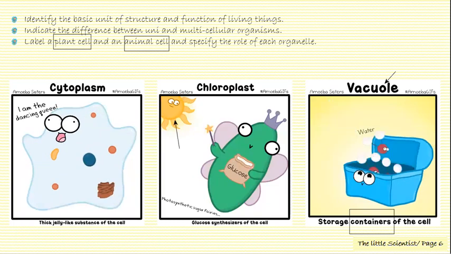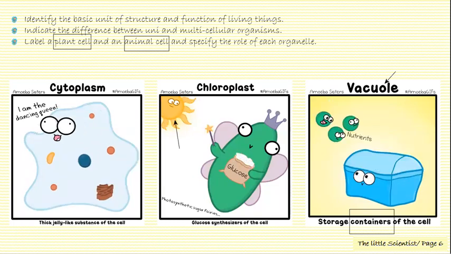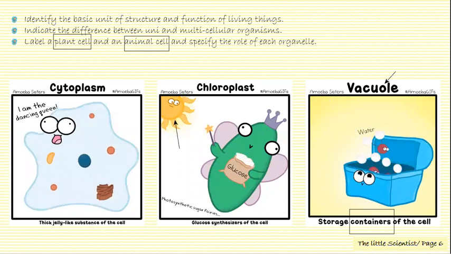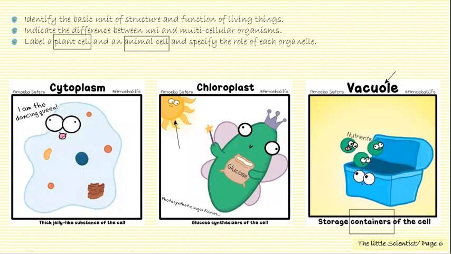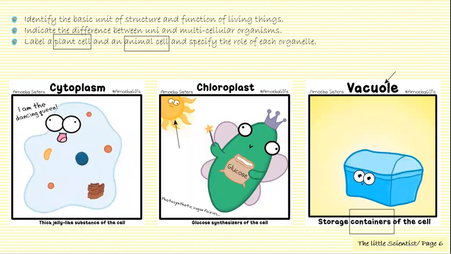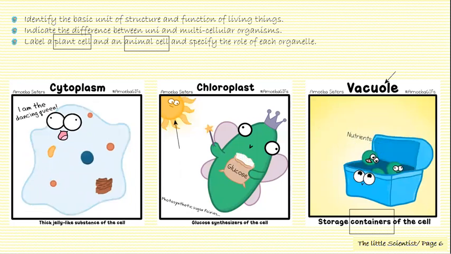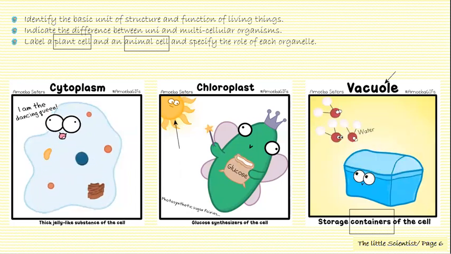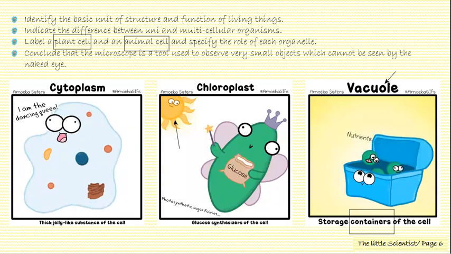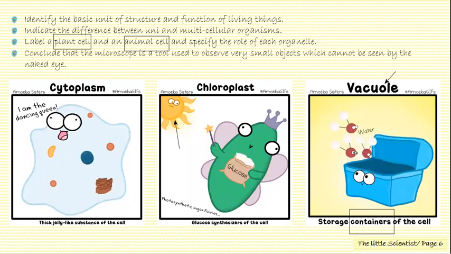The cytoplasm, which is the jelly-like structure inside the cell, holds the organelles. What else? I didn't mention the nucleus. The nucleus is the control center, the mitochondria for energy, and that's it. Don't forget that we cannot see cells with our naked eyes. We will need a microscope.